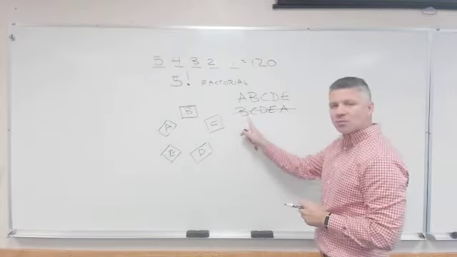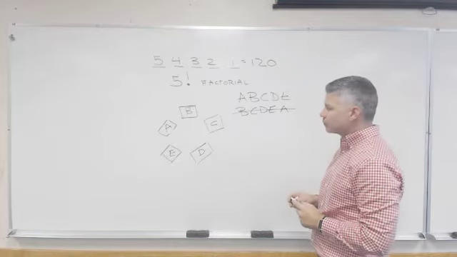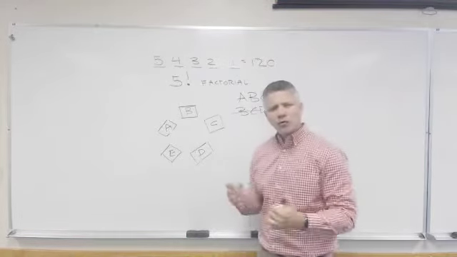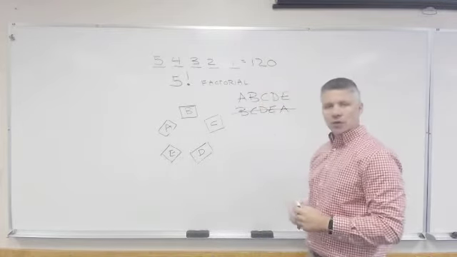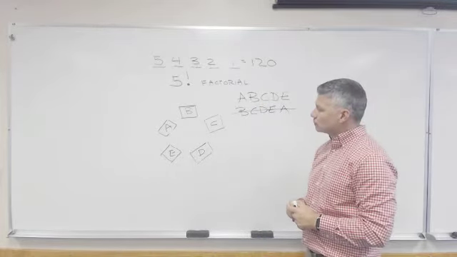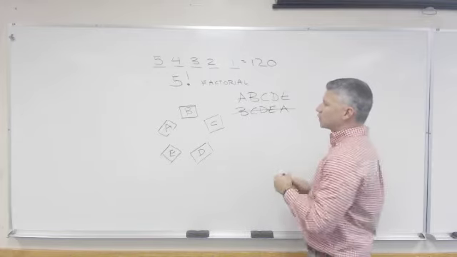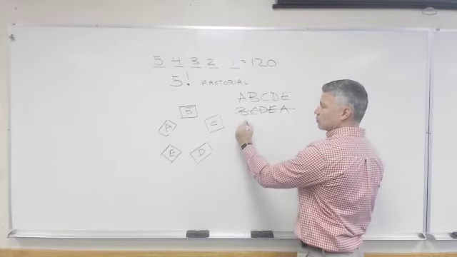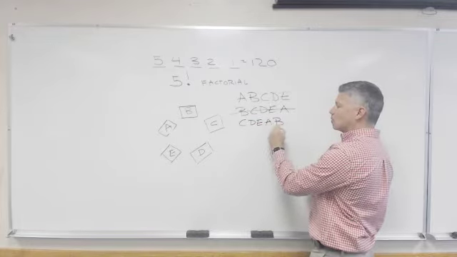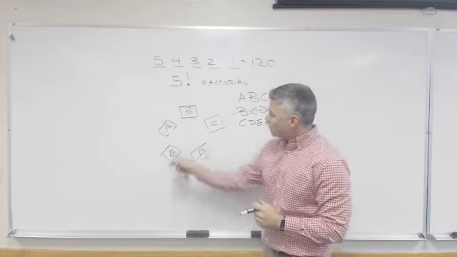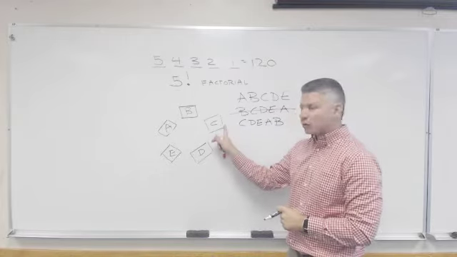So we don't need B, C, D, E, A. Are there any other orders that would be the same for a circle that would be different if they were in a line? What if C sat down first, then D, E, A, B? Well, that's the same circle, only it's just starting right here.